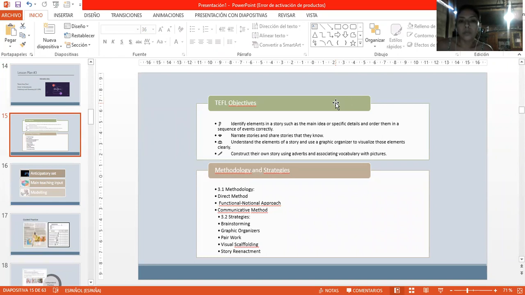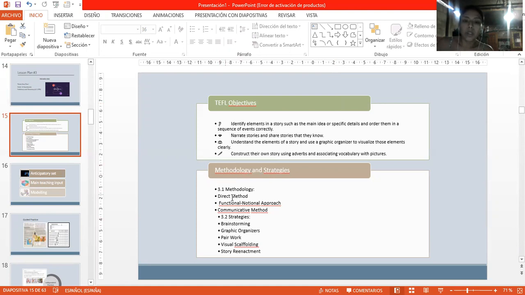In reading, they have to understand the elements of a story and use the graphic organizer to visualize those elements clearly. And finally, in writing, they have to construct their own story using adverbs and associating vocabulary with pictures.